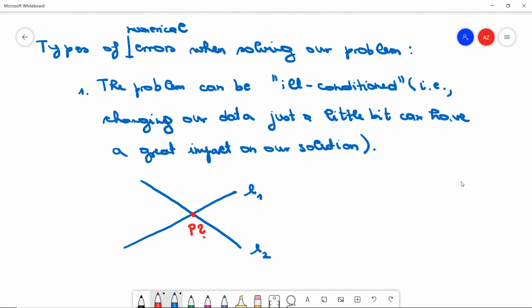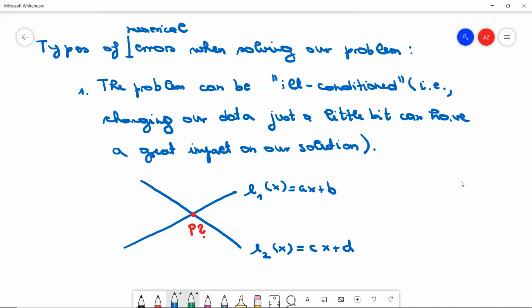So this is only a system of two linear equations, and there are two parameters because L1 of x is ax plus b, and then L2 of x is cx plus d. And we're calculating this intersection.